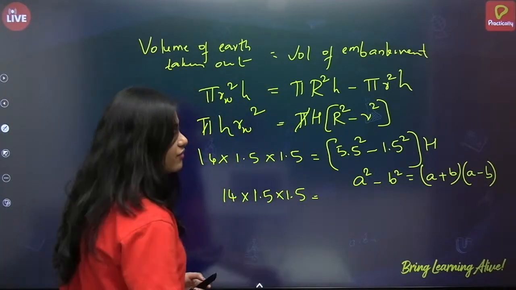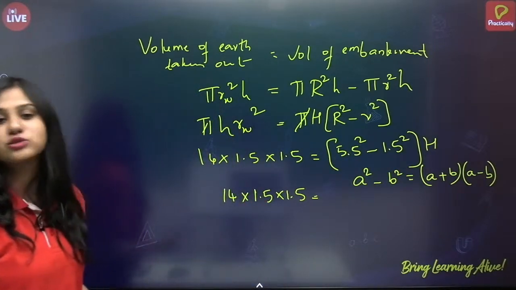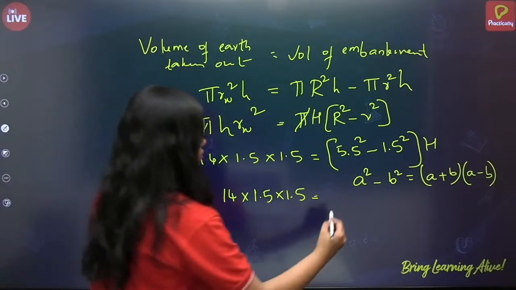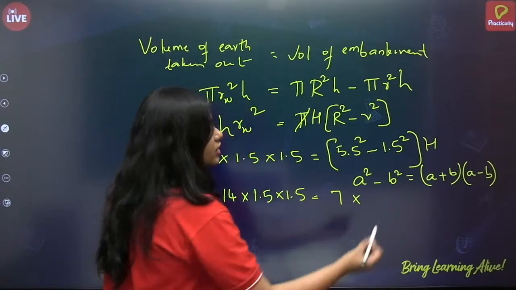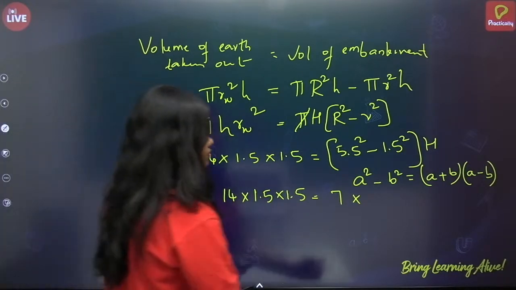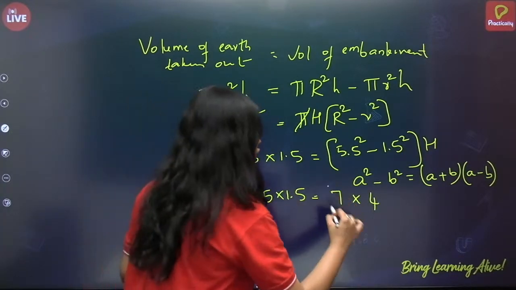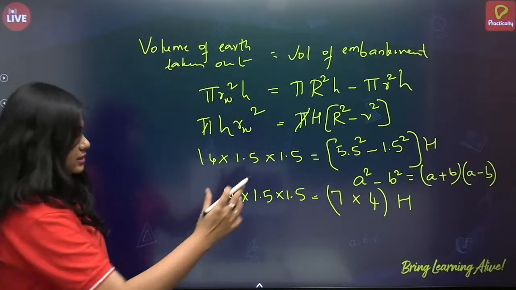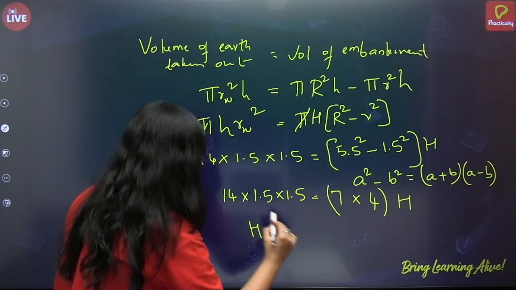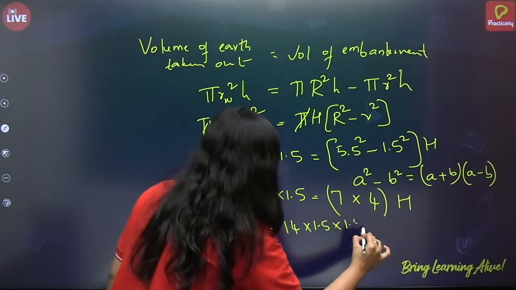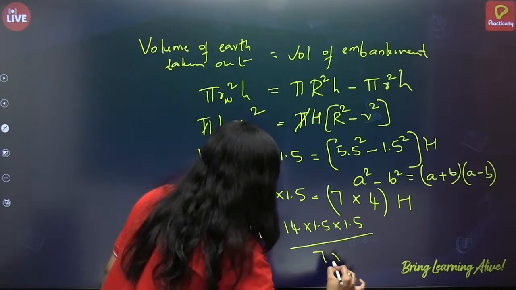Now 5.5 plus 1.5 is how much? 7, correct? So 7. What is a minus b? 5.5 minus 1.5? 4, into capital H. Now we have to find this height. So H is equal to 14 into 1.5 into 1.5 by 7 into 4.